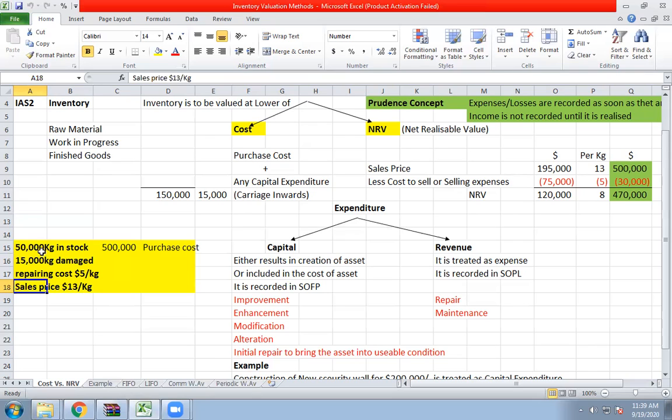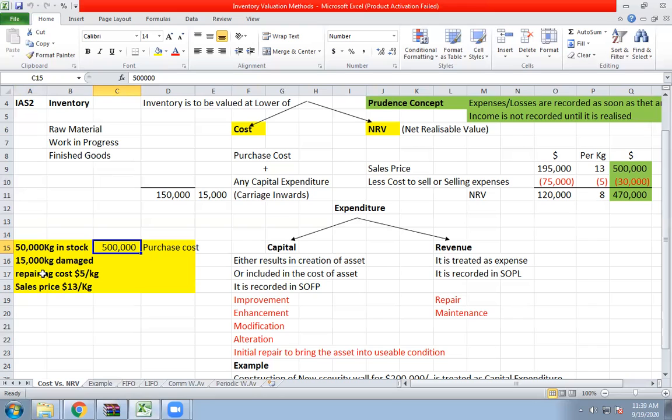Initially, when I purchased these 50,000 kg, the cost was 500,000, meaning $10 per kg, and the sale price is $13 per kg. Definitely cost is lower, so I will value it at 10, and my inventory value is 500,000. But if 15,000 kg is damaged, now I have to check the NRV of these damaged goods.